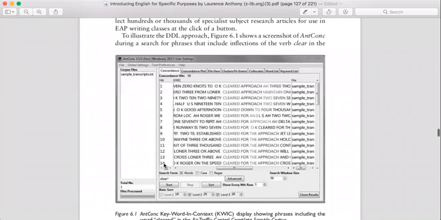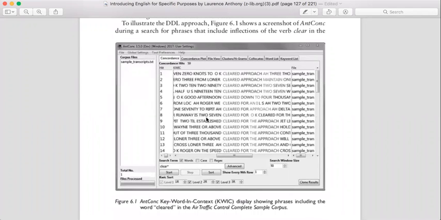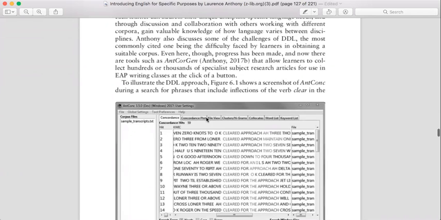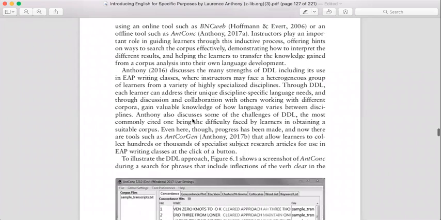This is how it looks when you enter the data, right? So this is the screen of the NCOC program, and what they have done is they have put the data or the authentic samples of a particular profession, right?